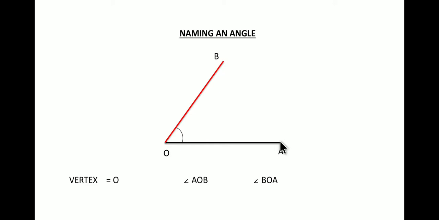But remember, you cannot name it ABO because A and B are not connected. So ABO is wrong. Similarly, you cannot say BAO because A and B are not connected by any straight line. So you have to say it the way you are drawing the angle, from A to O and from O to B. So it is AOB or BOA. This is the way you name an angle.